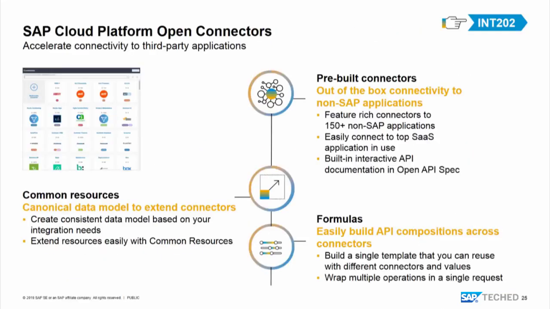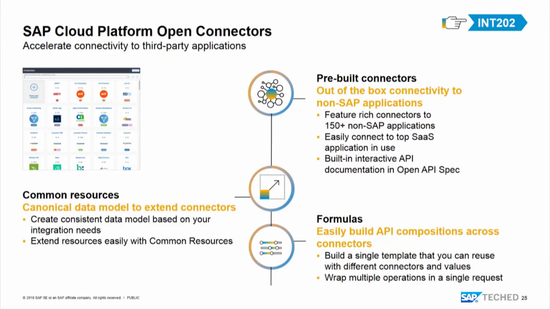Okay, I already talked about the API Business Hub and what it can do. Now let's talk a little bit about these open connectors. We understood that there are many non-SAP applications out there in the market that you would like to integrate with, that you would like to use in your integration scenarios.